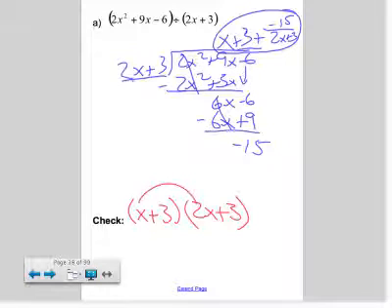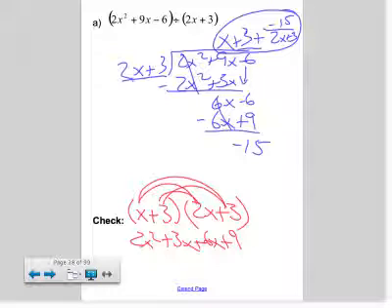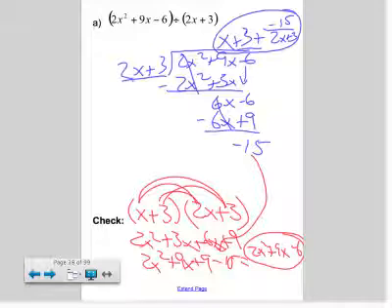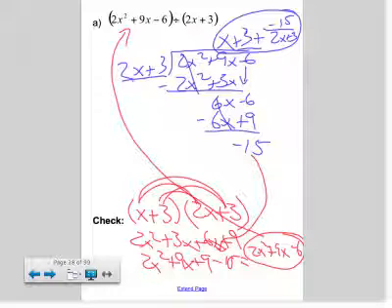So x times 2x is 2x squared, x and 3 is positive 3x, 3 and 2x is positive 6x, 3 and 3 is positive 9. 2x squared plus 9x plus 9, and then we take this negative 15 and subtract that on the end. So I get 2x squared plus 9x, and then 9 minus 15 is negative 6. That should match up with the original, and it does. So now I know I did it correctly.